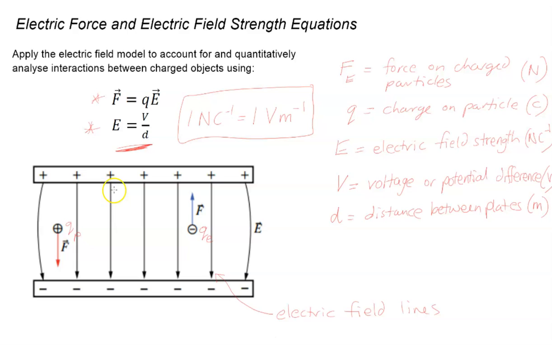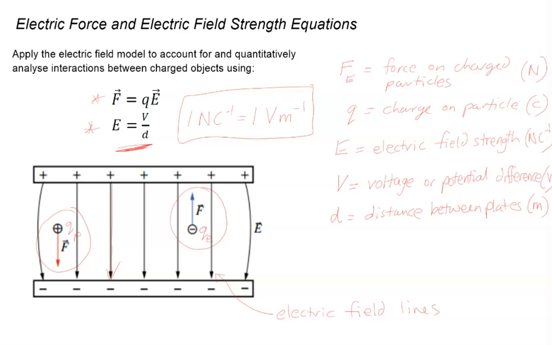So essentially, it goes from positive to negative, and it's the direction that a positive test charge would go under the influence of the force that it experiences within that electric field. So positive charges will be attracted towards the negative plate. So notice that a negative charge will experience a force in the opposite direction to the electric field.